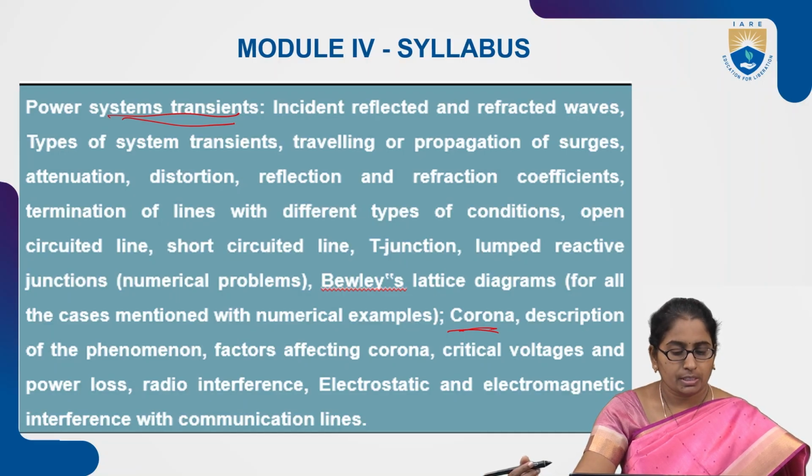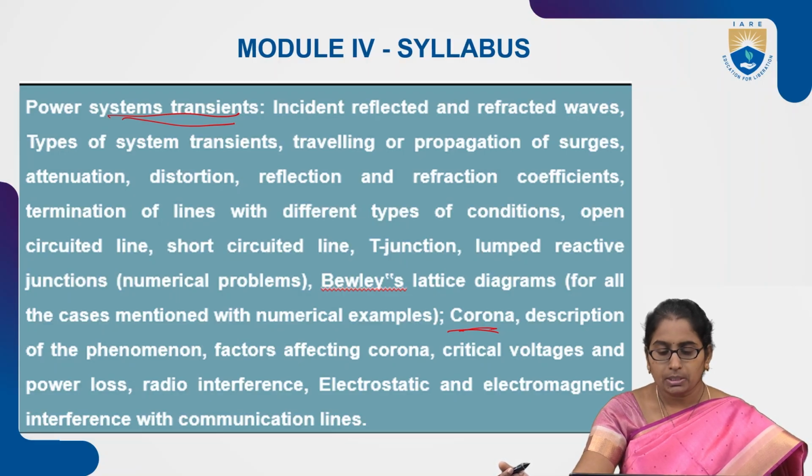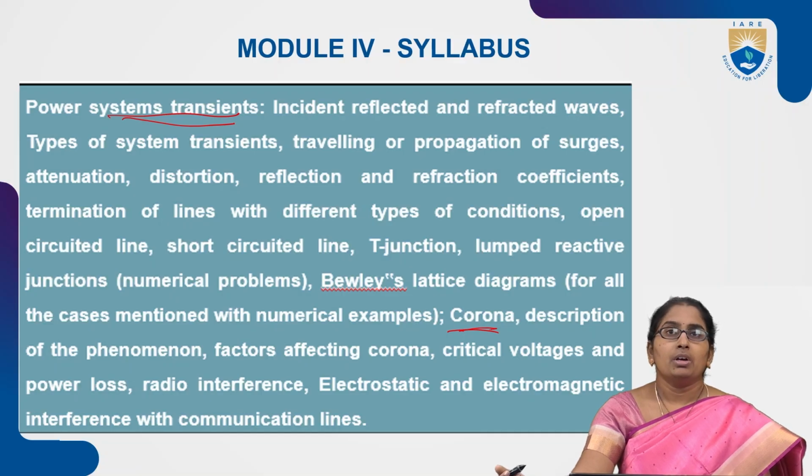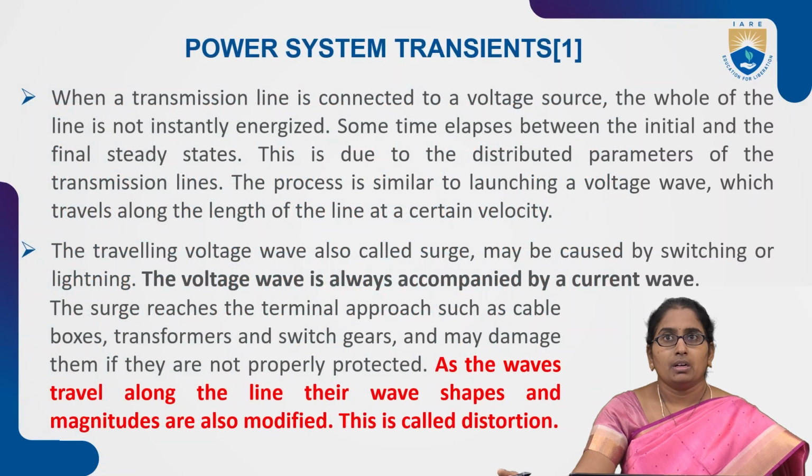The corona description and factors affecting it, and under that things like critical voltage, power loss, interference, and electrostatic and electromagnetic interference with neighboring communication lines. These are the subtopics. Now, first about the power system transients.